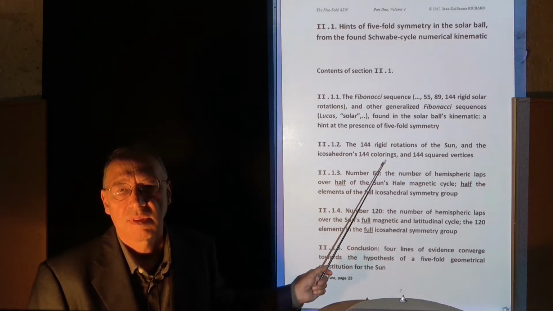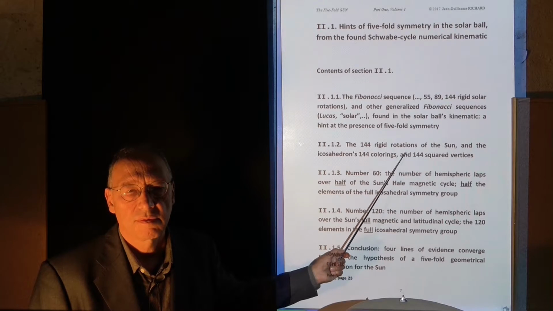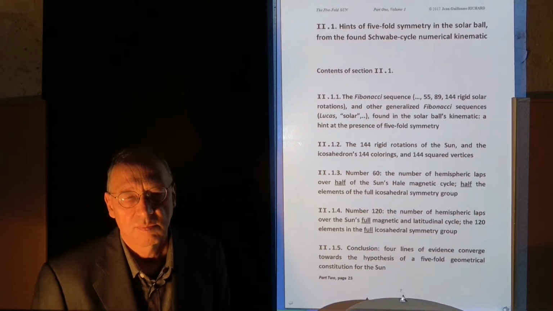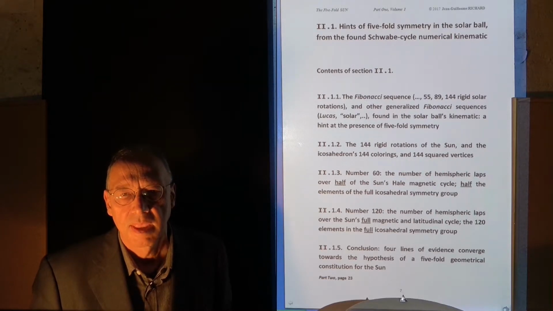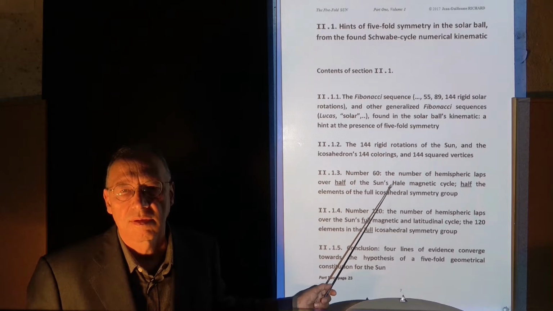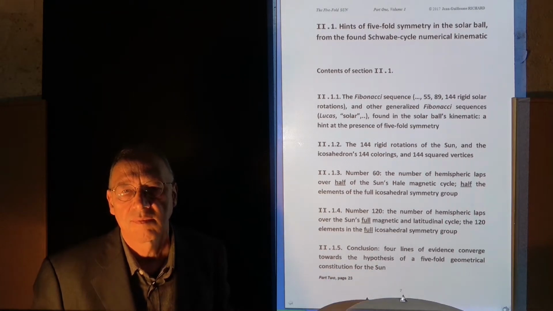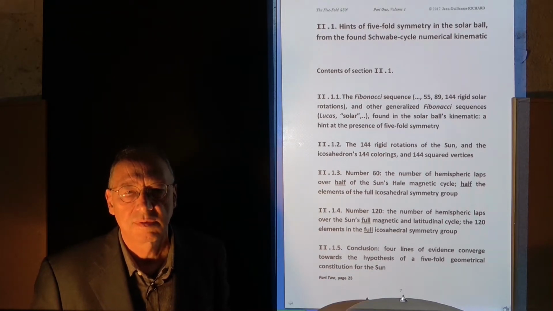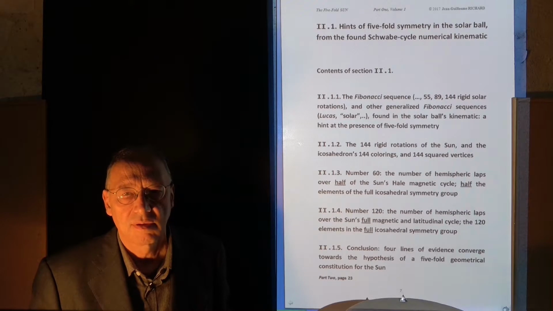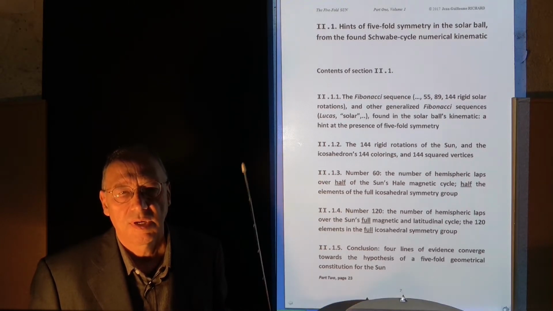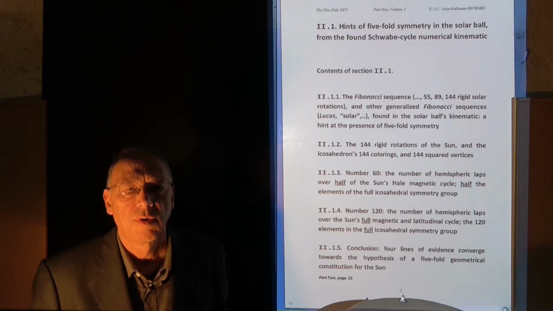And the number 144 would be the square of the number of vertices of the icosahedron, which has 12 vertices. Then the number 60 is the number of hemispheric laps, which we found to accumulate over one Schwabe cycle, laps of the equator compared to the pole of the Sun.